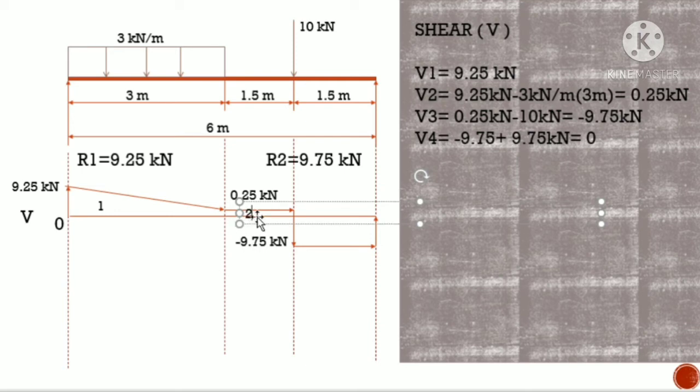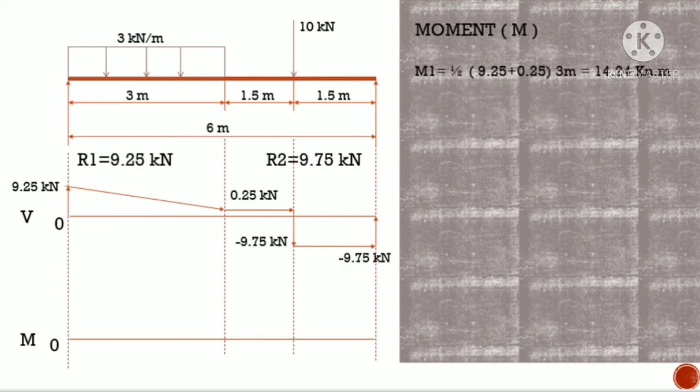And 3. Okay. So, meron tayong tatlong figure, no? 1, 2, 3. Area lang nito, at saka area nito, at saka area nito. Yan, madali lang ang moment. Okay?